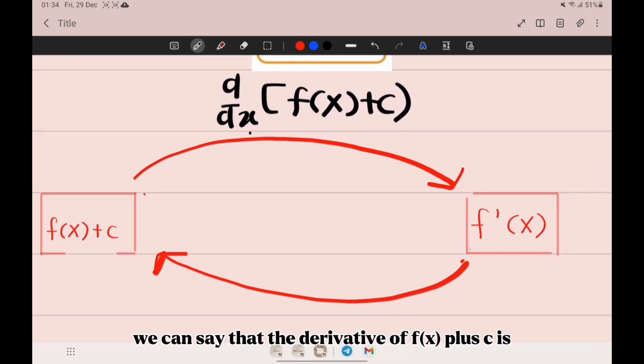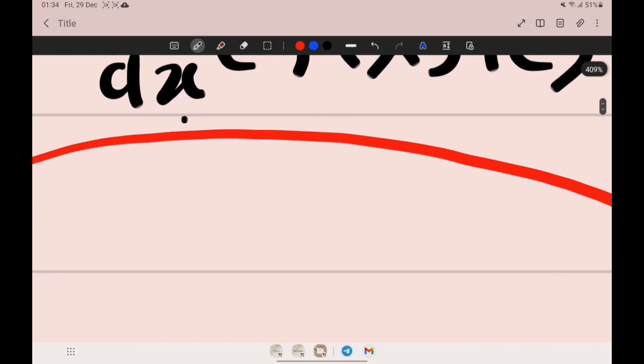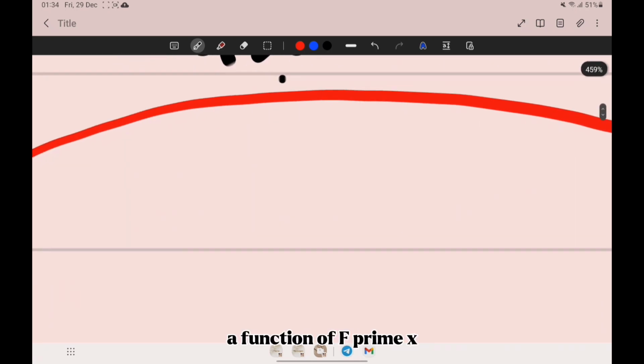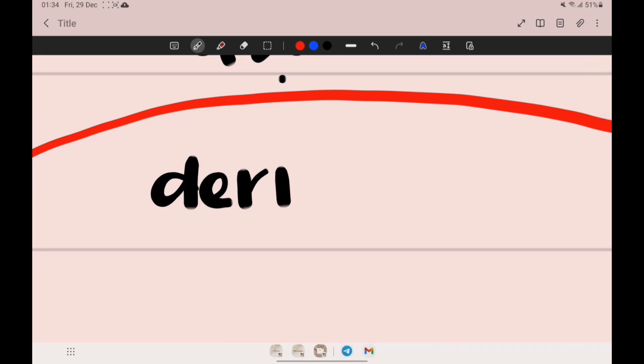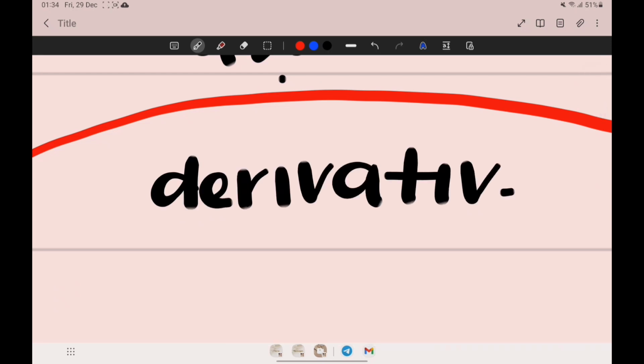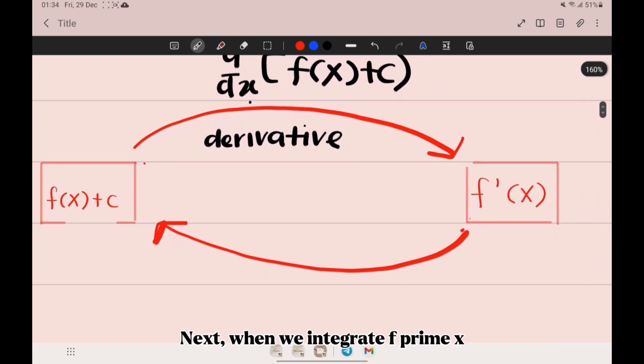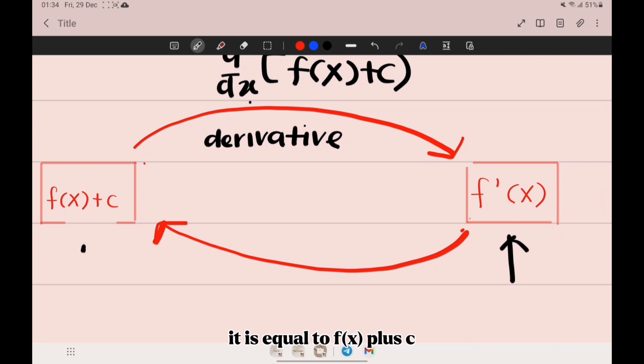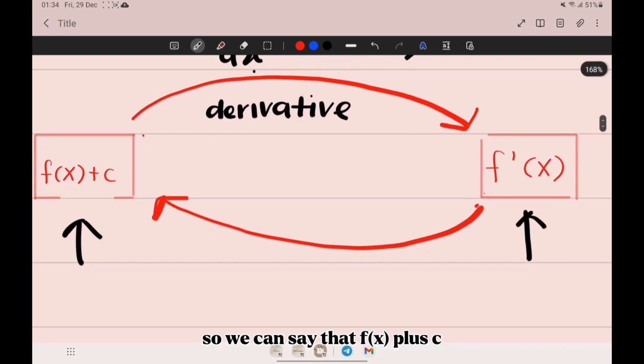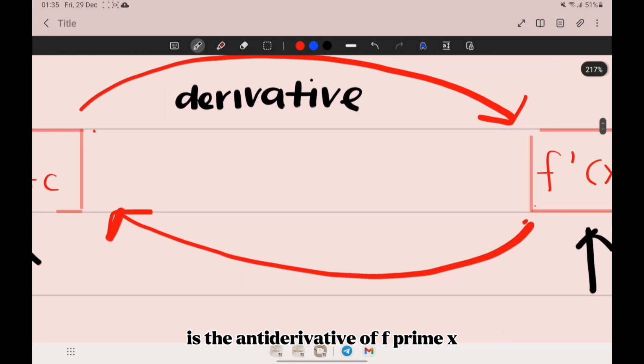We can say that the derivative of f(x) plus c is a function of f prime x. Next, when we integrate f prime x, it is equal to f(x) plus c. So we can say that f(x) plus c is the antiderivative of f prime x.